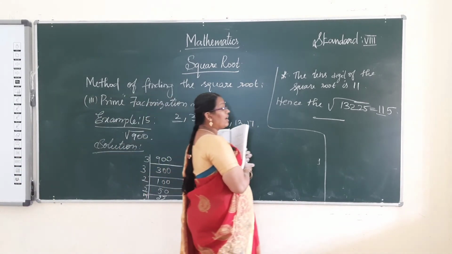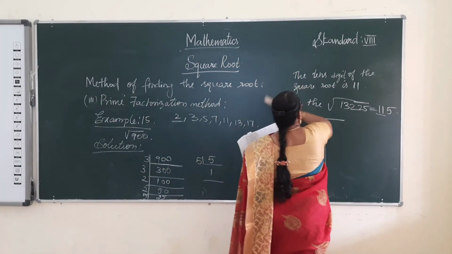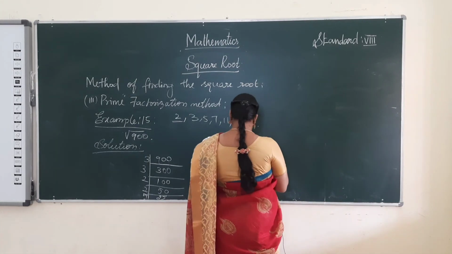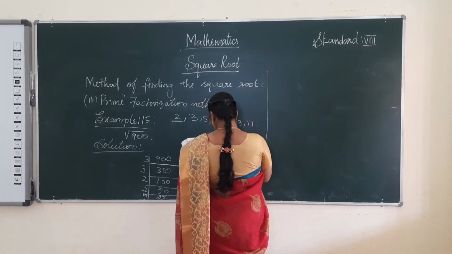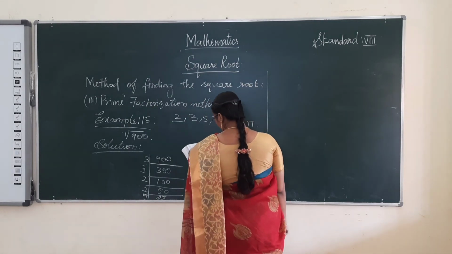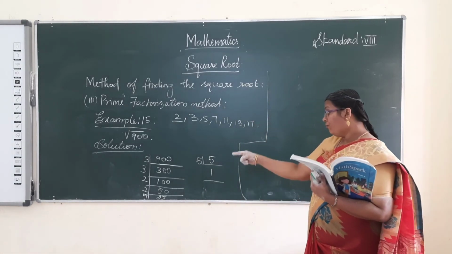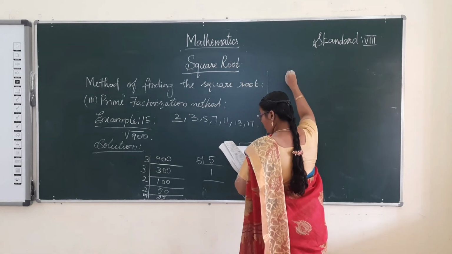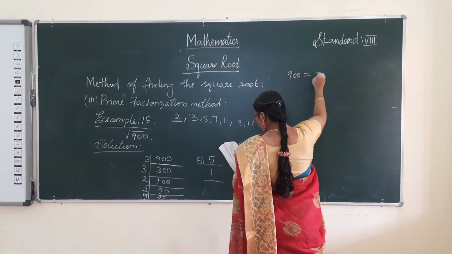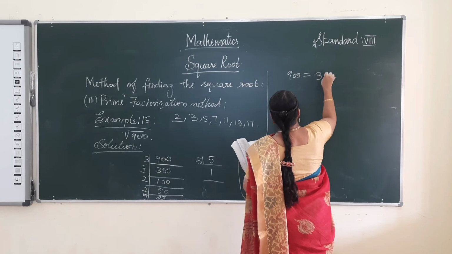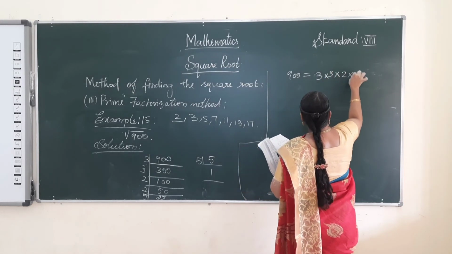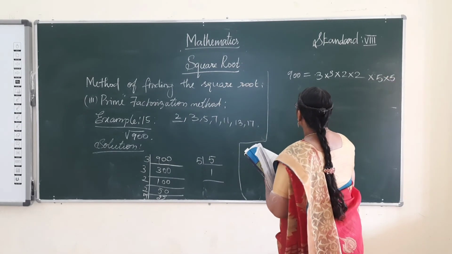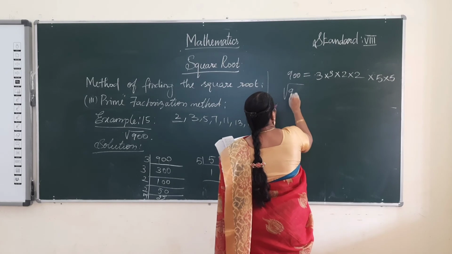So arrange the factors in pairs. Make pairs of equal factors. So 900 is equal to 3 into 3, 2 into 2, 5 into 5, 5 into 5. Now find out the square root of 900.